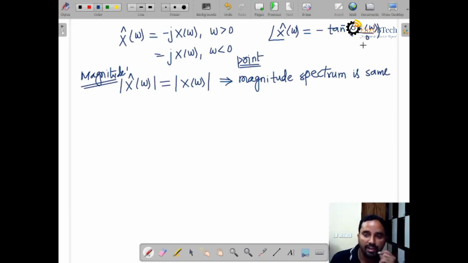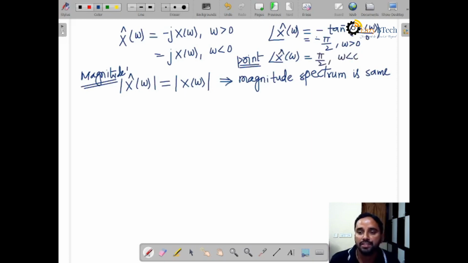This is for omega greater than 0, and tan inverse infinity is pi by 2, so it is minus pi by 2 when frequency is positive. Similarly, when frequency is negative, you get plus pi by 2.